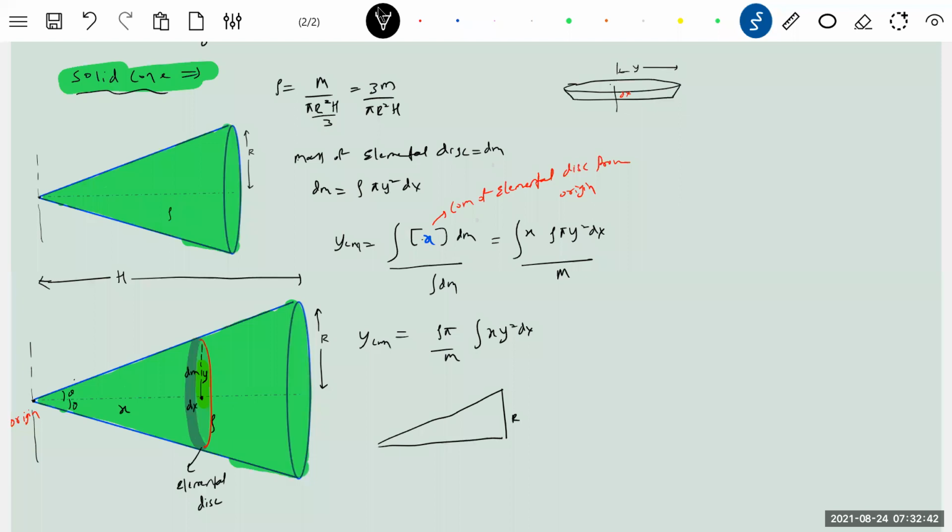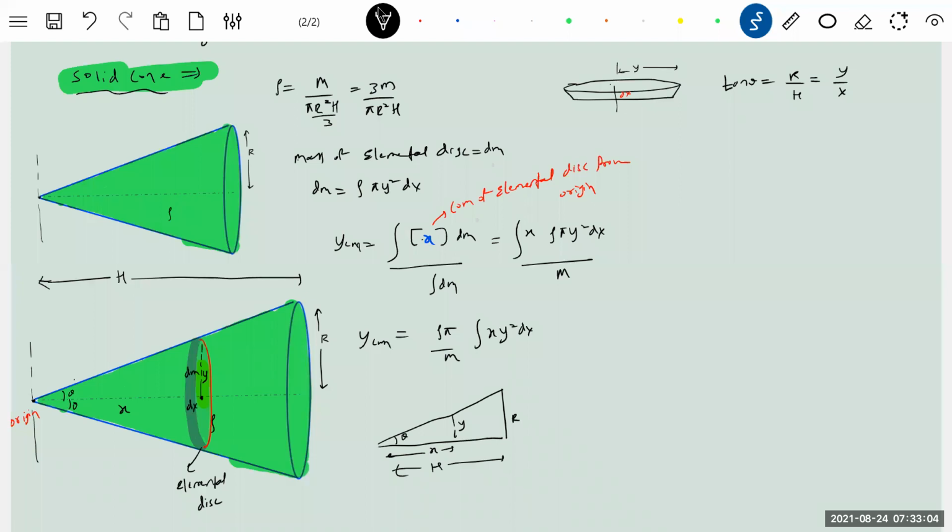This is R, this is H, this is Y, this is X, this is theta. From the triangle, what can we write? Tan theta is equal to R by H equal to Y by X.